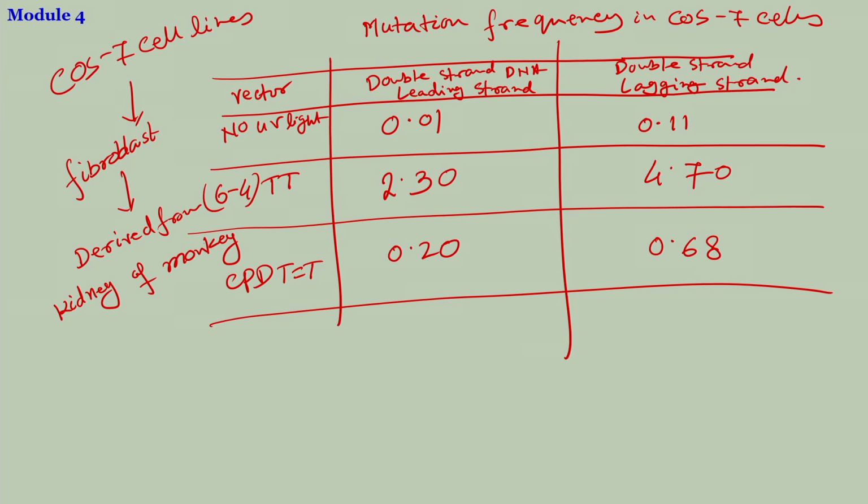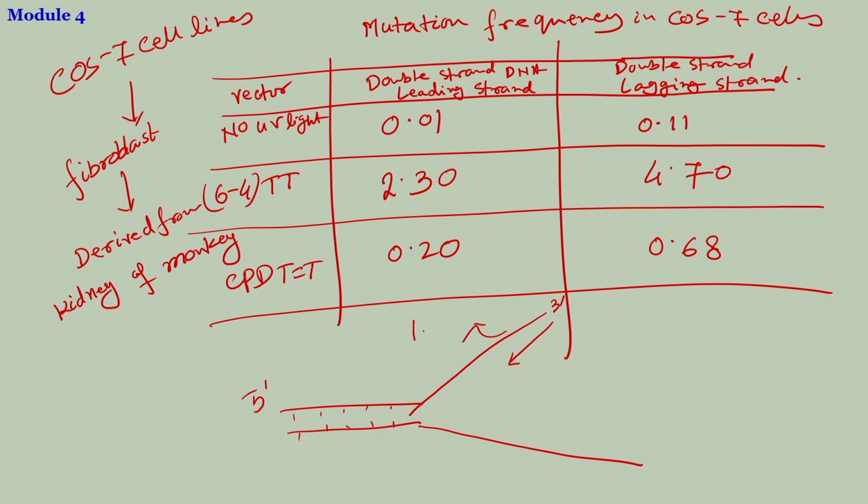Okay. So, what I have talked about is this: you have formed a replication fork, 5 prime to 3 prime, and you are synthesizing the complementary strand. This is your leading strand as the template, and you are synthesizing the complementary strand. Then these are the mistakes that might happen.